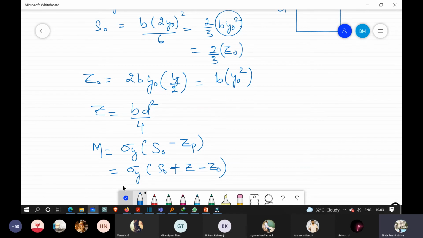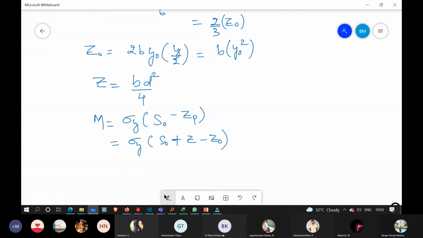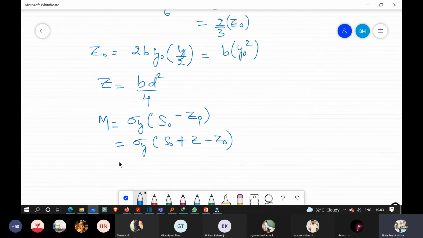So if we put all the values, it is sigma y into, what is the value of S0? It is 2 by 3 Z0. So 2 by 3 Z0 plus Z minus Z0.